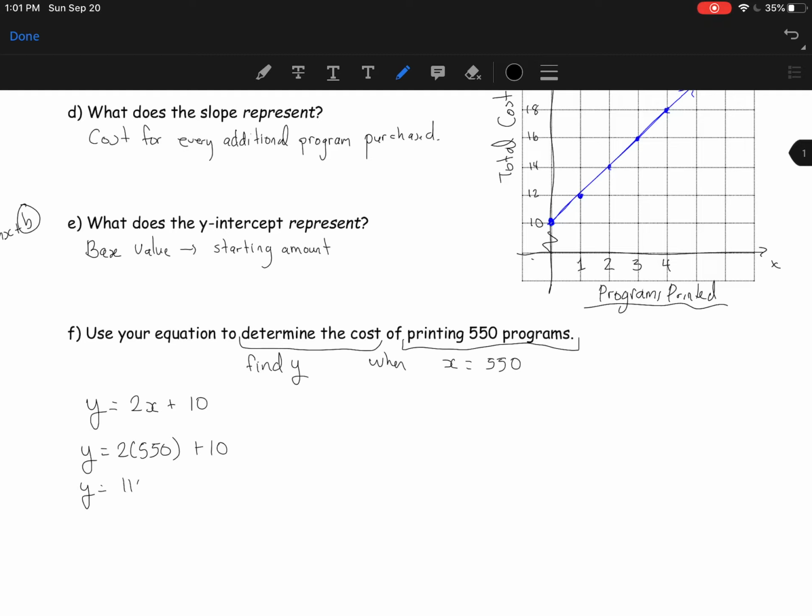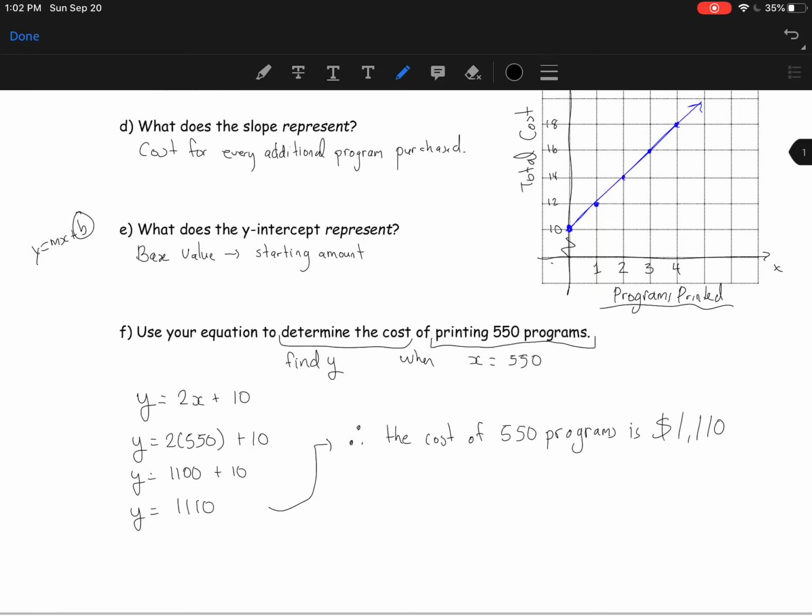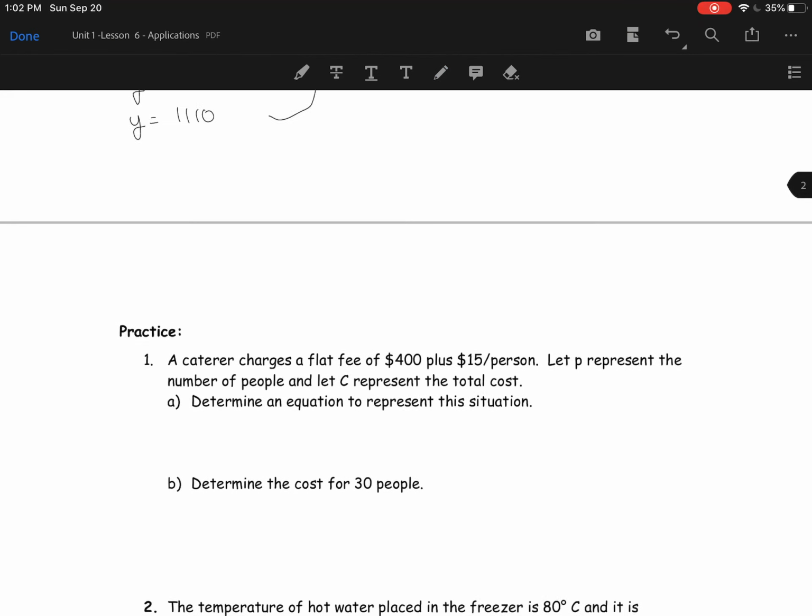Now we have to do that multiplication. 2 times 550 is 1,100 plus 10, which equals 1,110. Whenever we're doing word problems, we should always write a therefore statement. So therefore, the cost of 550 programs is $1,110. All right, and there we go.